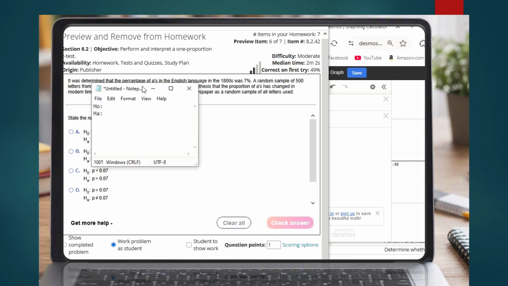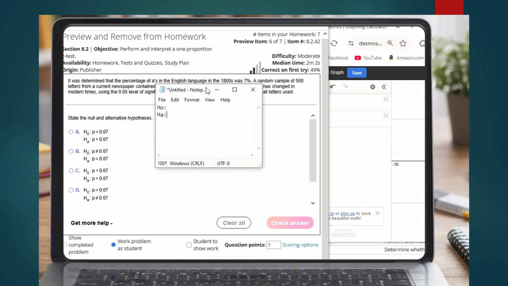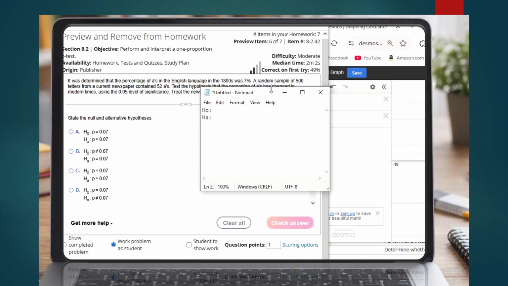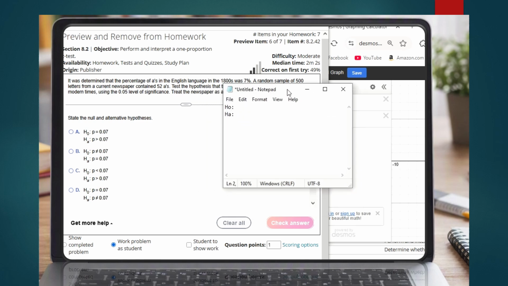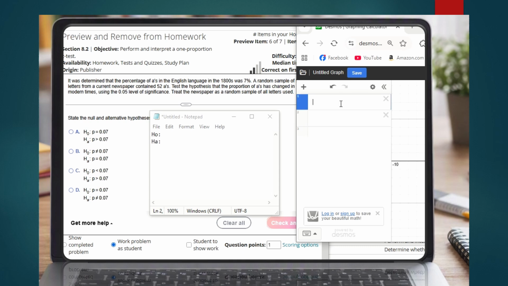If it was determined that the percentage of the letter A's in the English language in the 1800s was 7%. A random sample of 500, and since we got 500, we might as well put in what our n is.